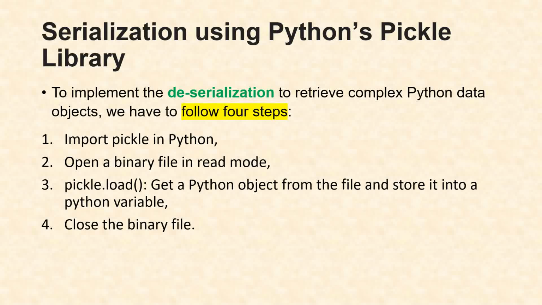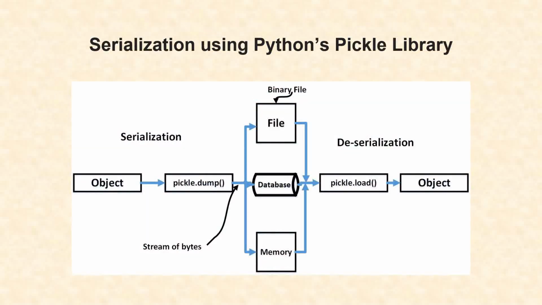For the deserialization method, we can say it is a 4-step method. First is to import the pickle module, then open a binary file in read mode, then using the Python load method read the data from the binary file and assign it to a variable, then close the binary file.